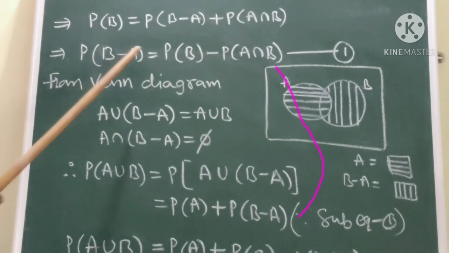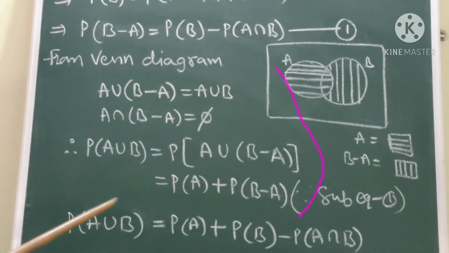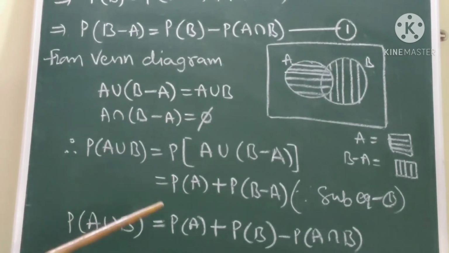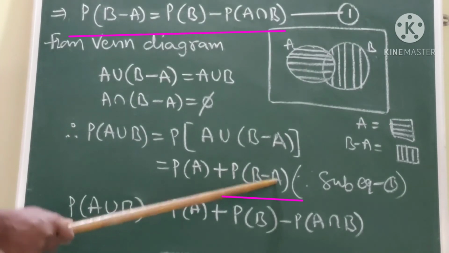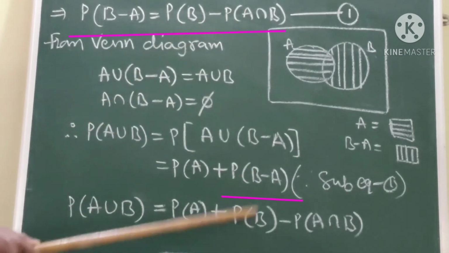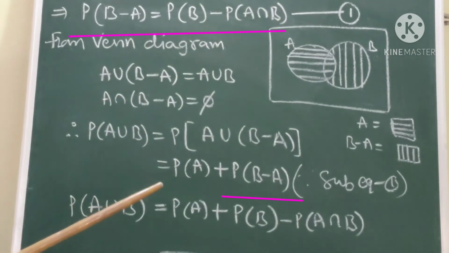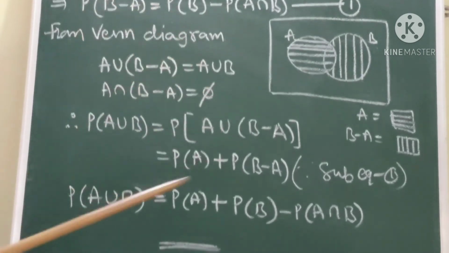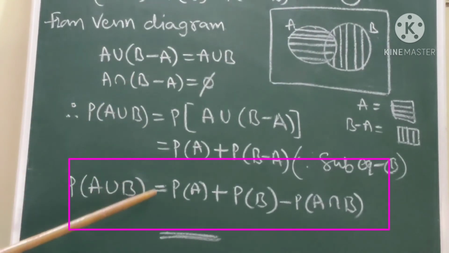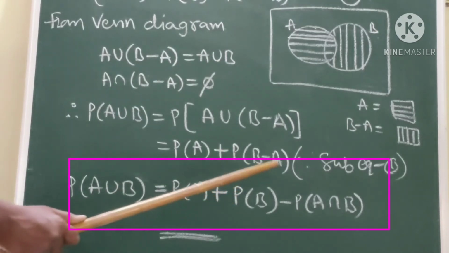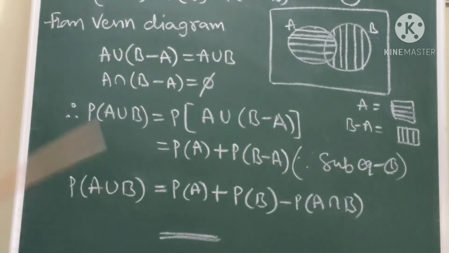P of B minus A is equal to P of B minus P of A intersection B. So we can write P of A union B is equal to P of A plus P of B minus A. From equation 1 we write P of B minus P of A intersection B. From case 1 and case 2 we prove that P of A union B is equal to P of A plus P of B minus P of A intersection B. So this is the proof of the addition theorem on probability.